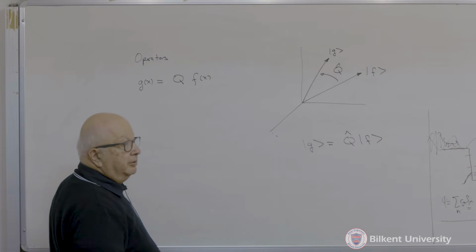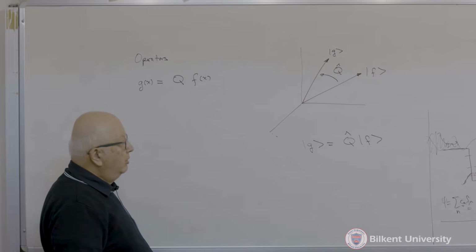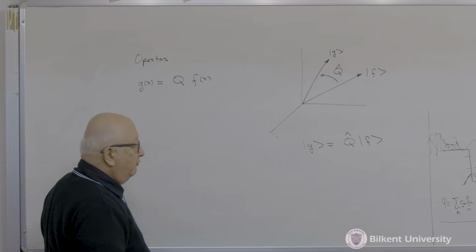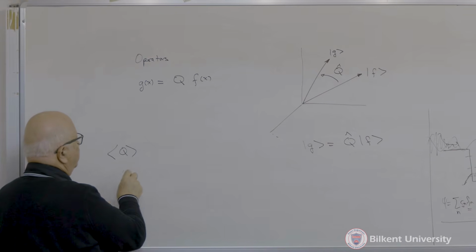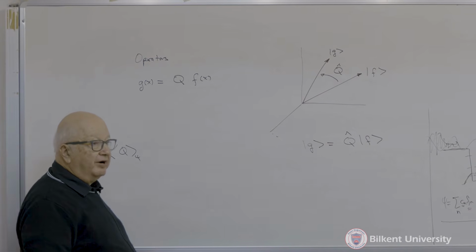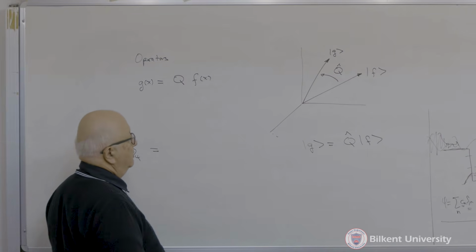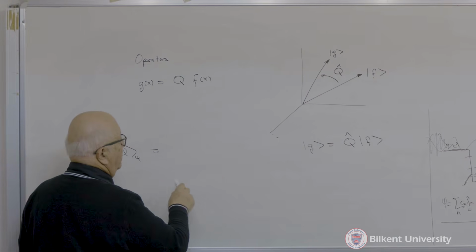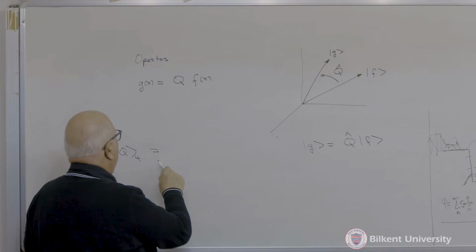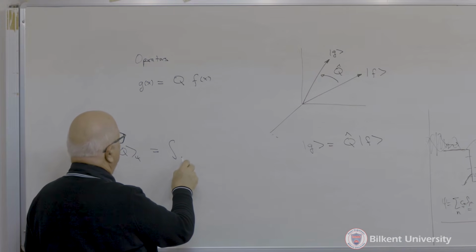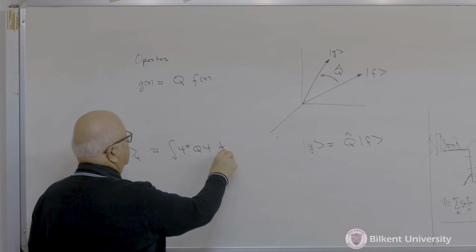And now we can write down many of the things that we have been writing down in this notation. For example, what is the expectation value of operator q with respect to wave function psi? I need to have an inner product. First let me write it in our ordinary way, psi star q psi dx.